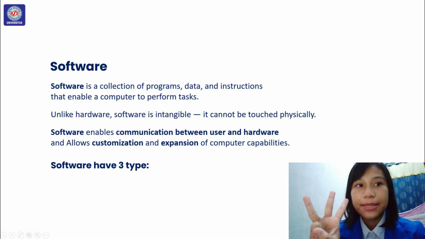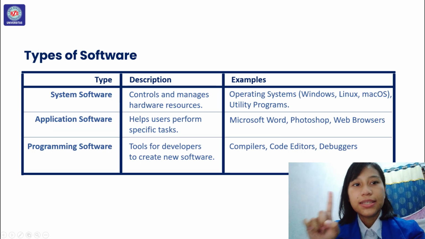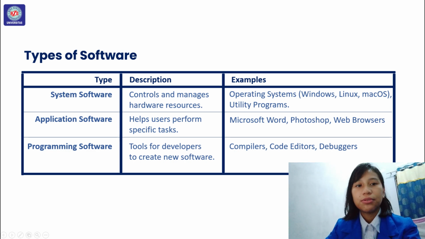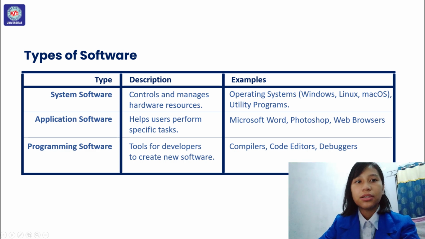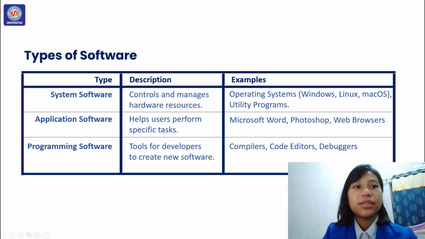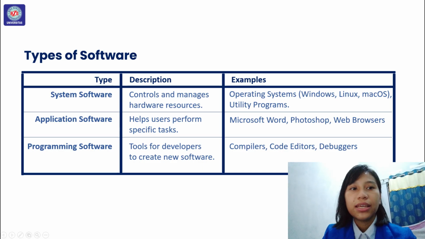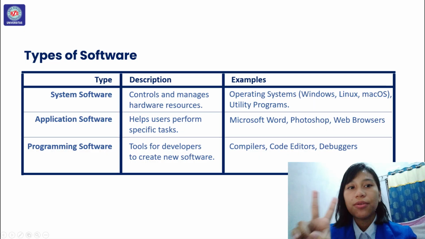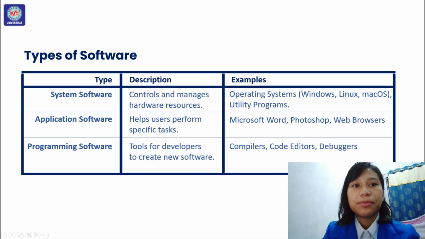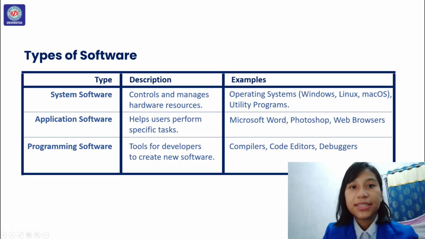Software has three types. First is system software. This controls and manages hardware resources. Examples are operating systems like Windows, Linux, or Mac OS, and utility programs. Second is application software. This helps users perform specific tasks.